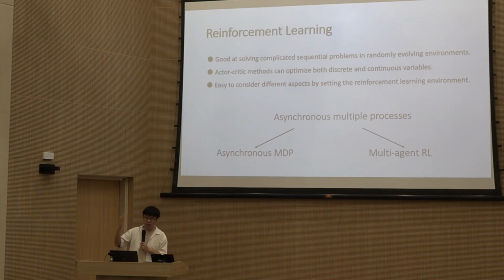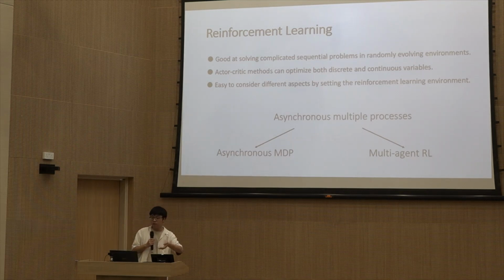We just need to use different action distributions in the actor network. Like for the continuous action, we can use a Gaussian distribution, and for the discrete action, we can just use the categorical distribution. So it is easy.